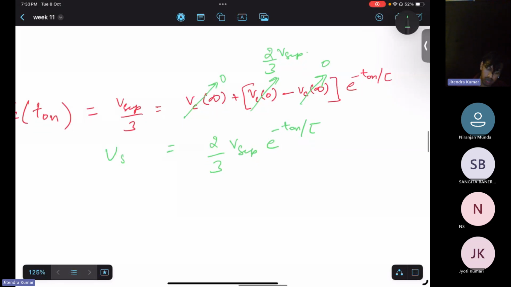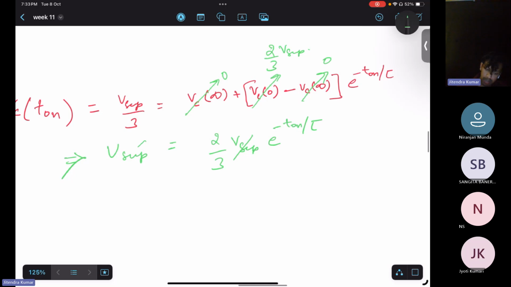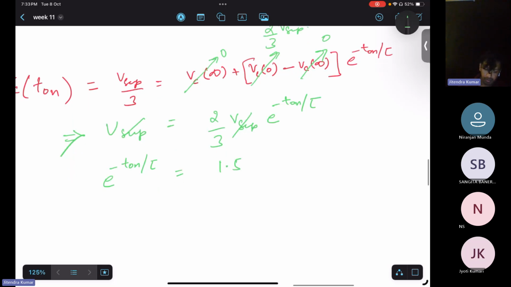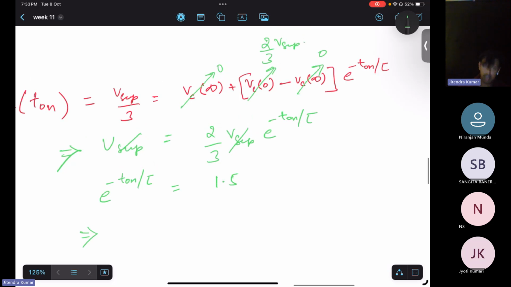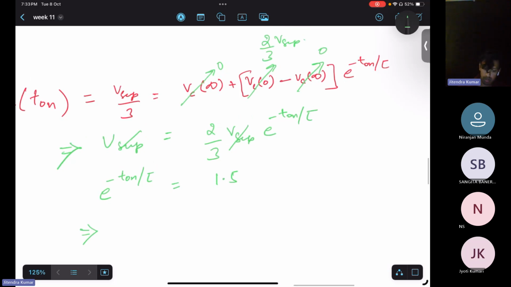Equal to V supply. So we can cancel out V supply. So e raised to power minus T on by tau is equal to 3 by 2, isn't it? So 1.5. Now we can take log on both sides.